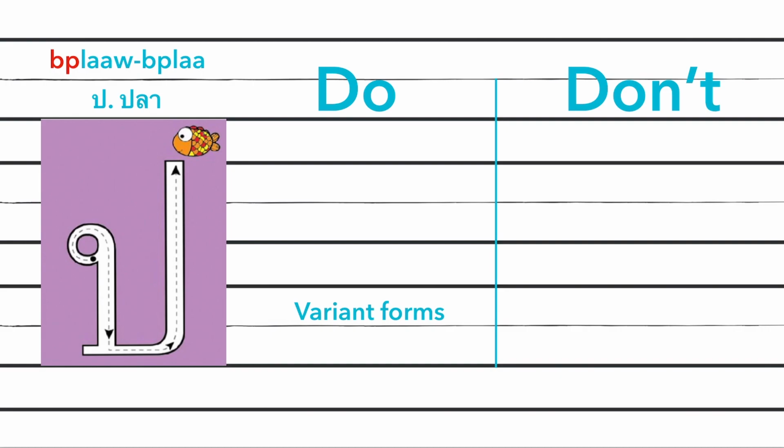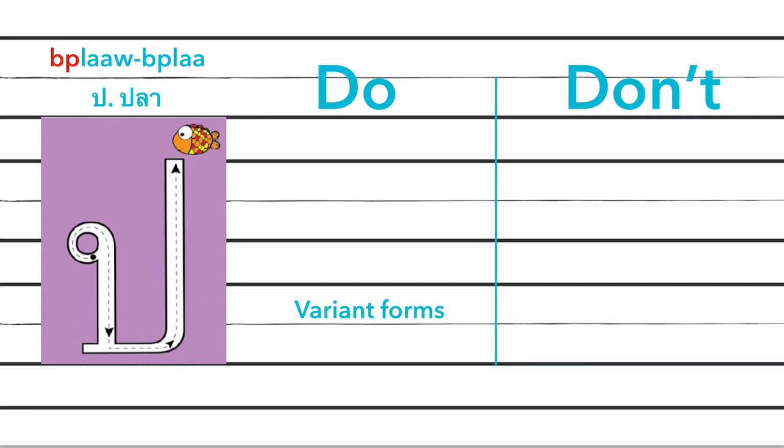ปอปลา is similar to บอใบไม้, you just need to have a longer tail at the top. So write a small circle at the top line, write down, then to the right, go up and make it longer.